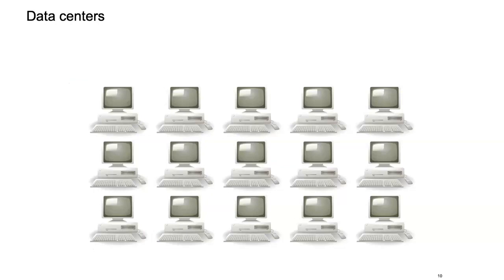So we saw that because we need to parallelize, we need these computers in data centers, thousands of them, tens of thousands. We also saw there's a limitation, because at some point, for cooling and electricity reasons, we cannot put more than tens of thousands at a time. So we have these nodes.